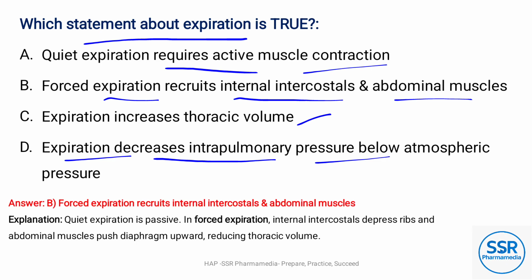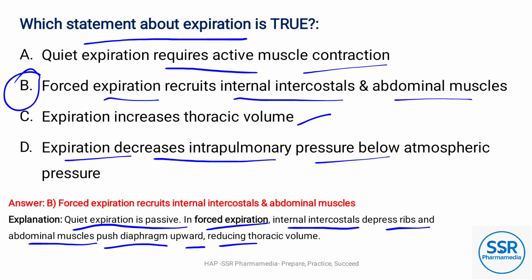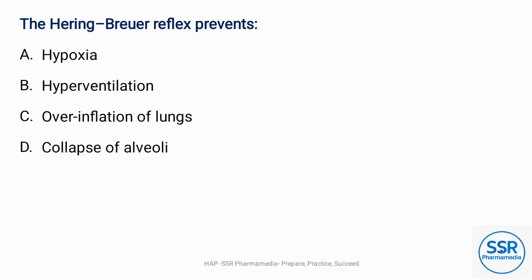So the answer is option B. Forced expiration recruits internal intercostal and abdominal muscles. Quiet respiration is passive. In forced respiration, internal intercostals depress the ribs and abdominal muscles push the diaphragm upward, reducing thoracic volume.